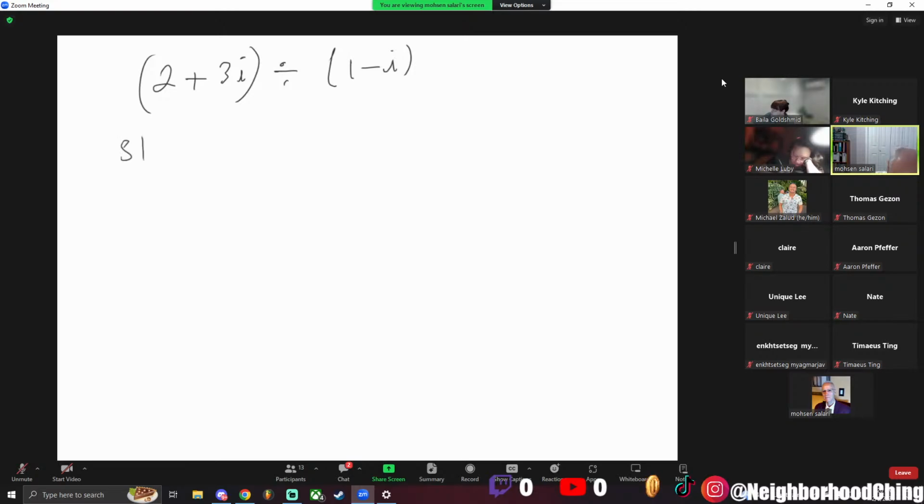So step 1, rewrite as a fraction. So you say 2 plus 3i over 1 minus i.